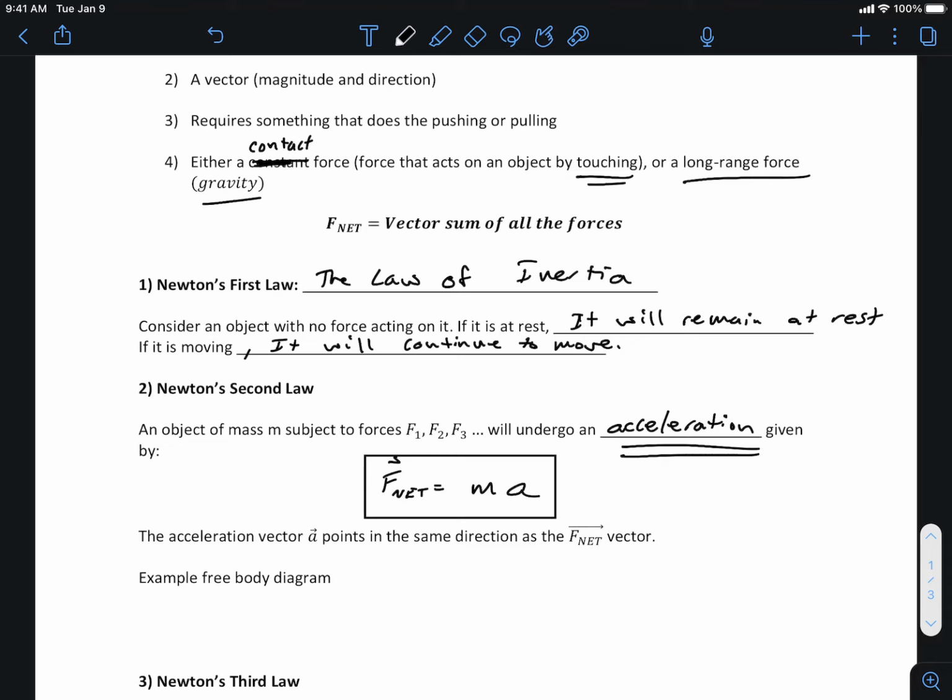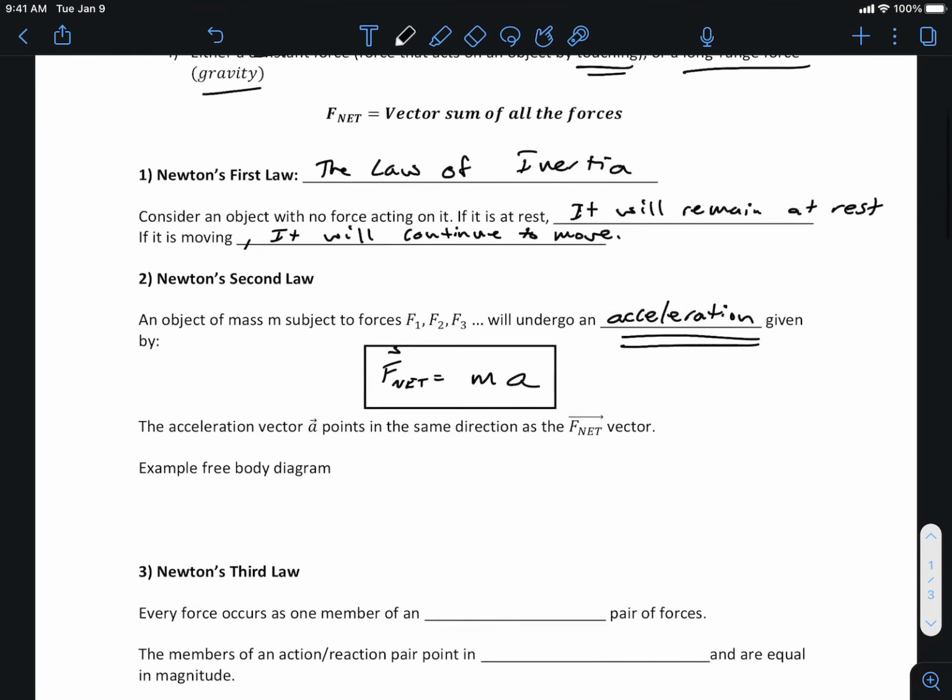Okay, and the acceleration points in the same direction as the F net vector, okay? So keep in mind, we could have a question that does something like this, right? Where we have a force in the x and we have a force in the y, and this is the F net vector that they are referring to, right?